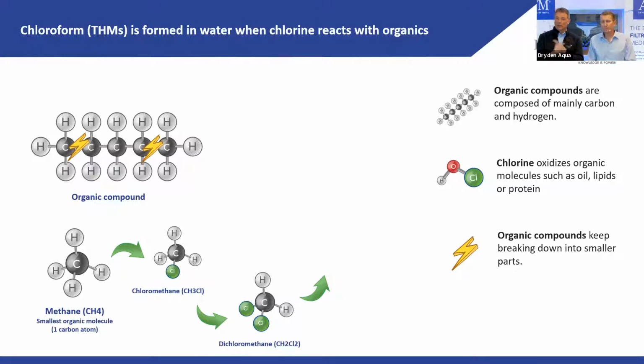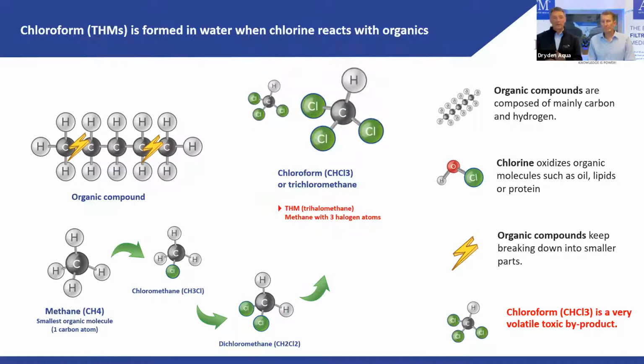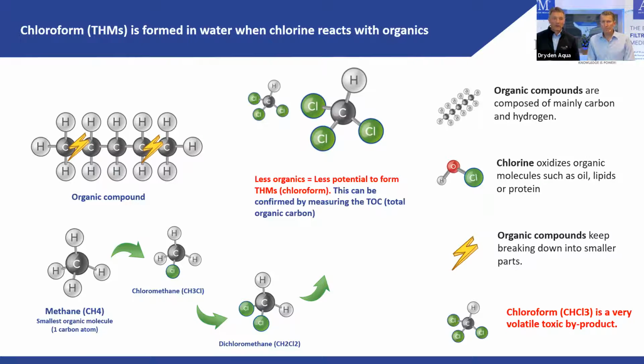Then you have a replacement reaction, a substitution reaction, where the chlorine is replacing the hydrogen, and then you form chloromethane, dichloromethane, and then chloroform. The stronger your oxidant is, the less you have these substitution reactions, the more you have complete oxidation, where you really release the complete electron to the other side.